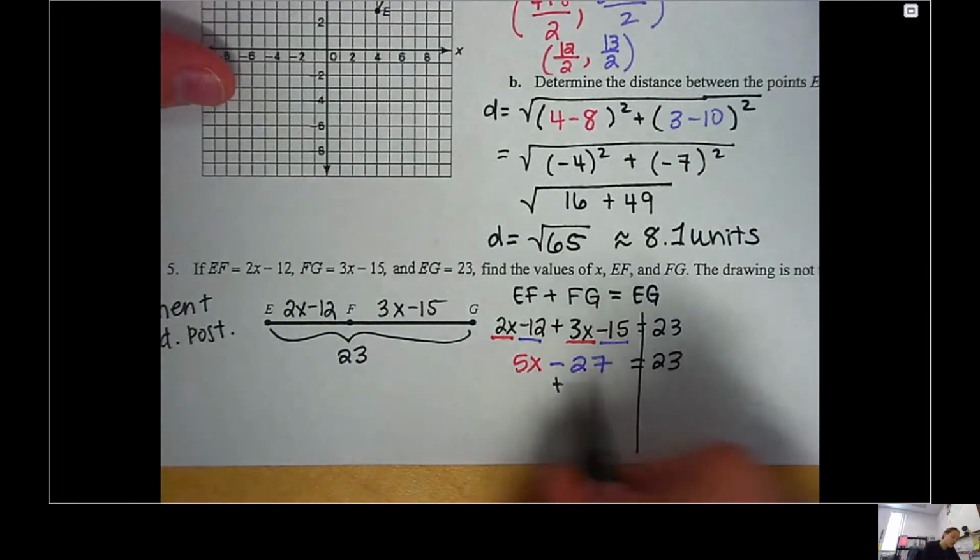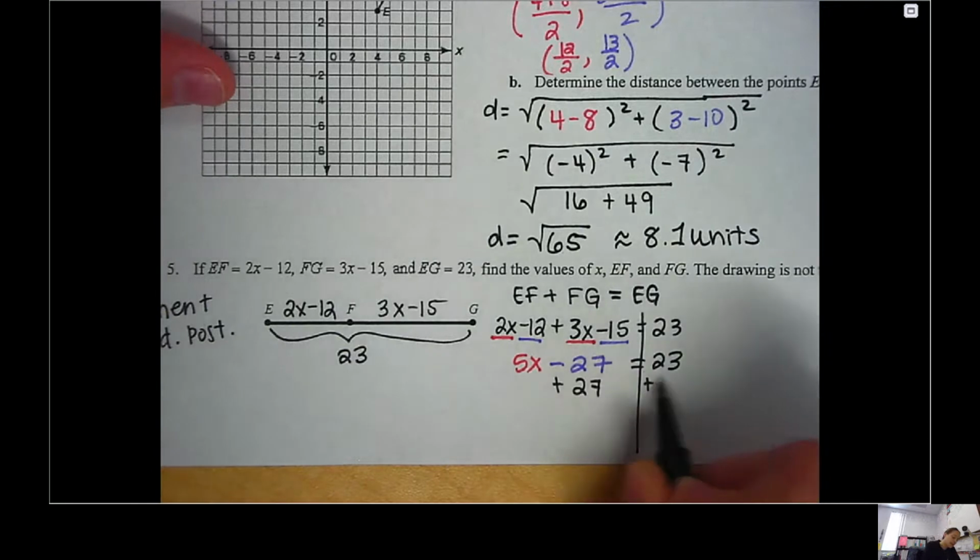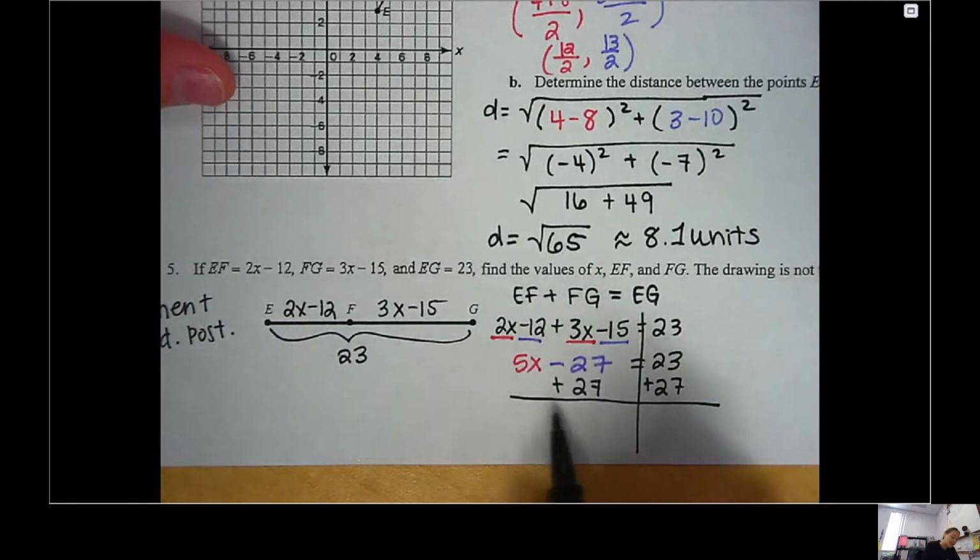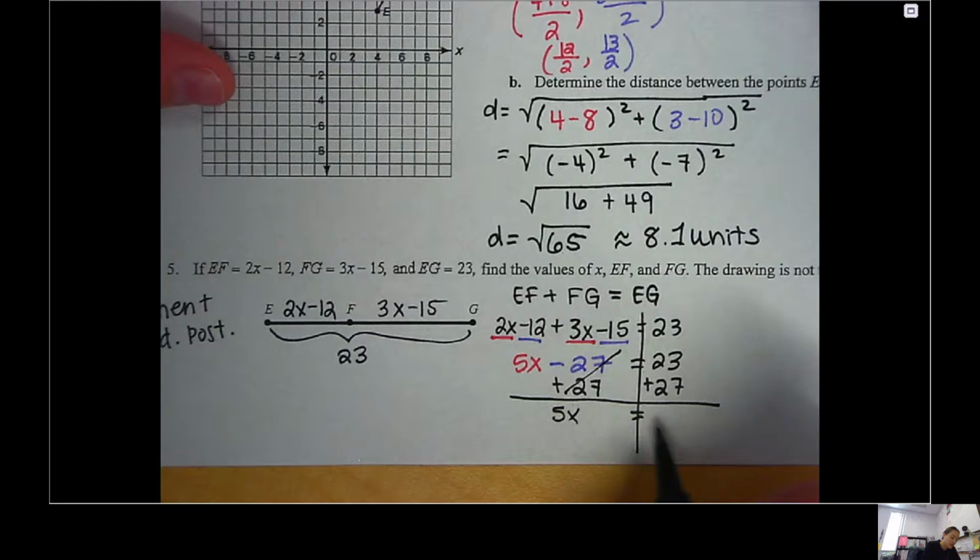So I'm going to undo the subtraction by adding 27 to both sides. I bring down 5x. My 27's cancel. 27 plus 23 gives me 50, and then divide both sides by 5. I get x equals 10.